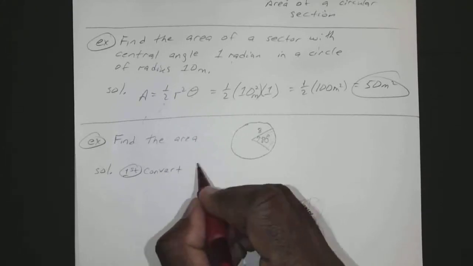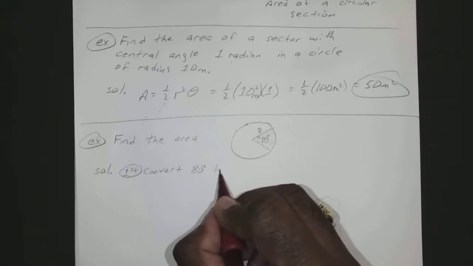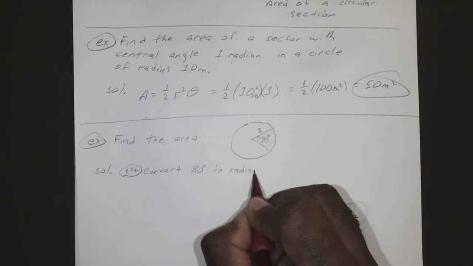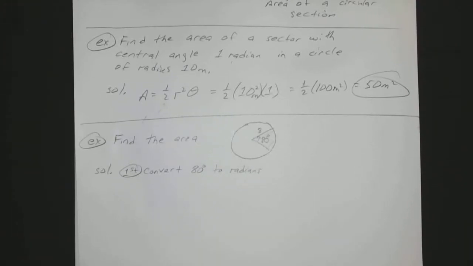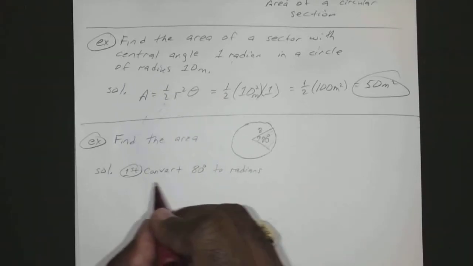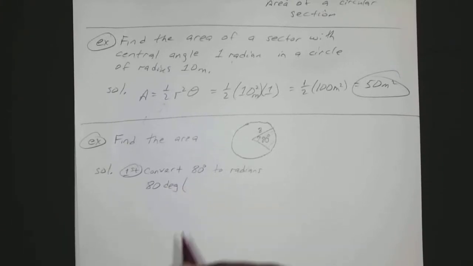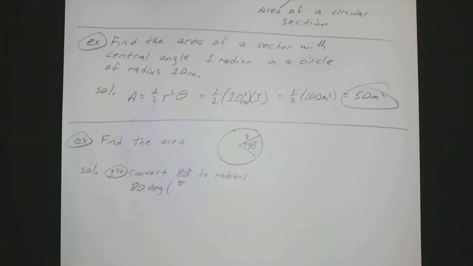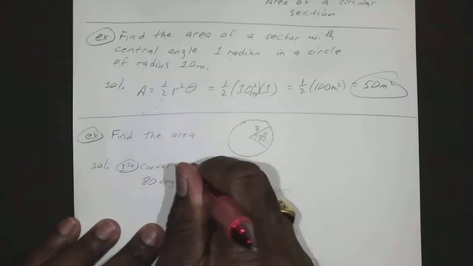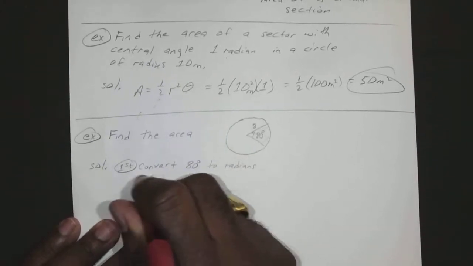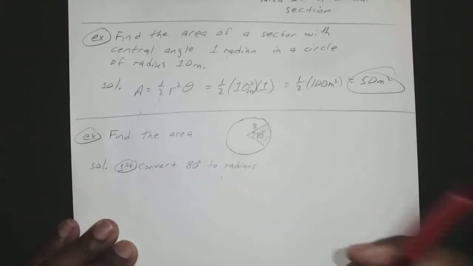So we're going to convert 80 degrees to radians. To convert to radians, remember you have to multiply it by pi over 180 degrees. So 80 degrees, I'm going to move that down a little bit since I don't want it to get mixed in with the 80 degrees above it.